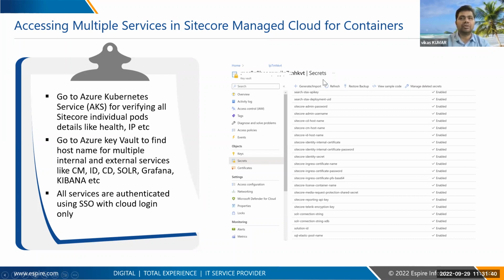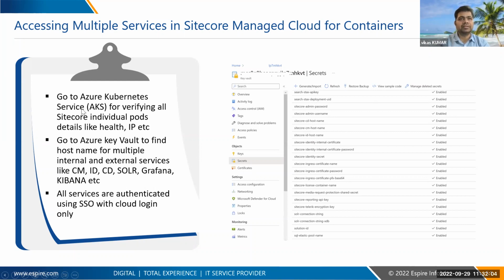So you can go into Azure Key Vault, and you will see multiple Key Vault instances for certificates or for CD host names or CM host names. All these are managed through here. You can click on any of these and find out the URLs for multiple services, CM, CD, ID, right? All those things you can find from Azure.